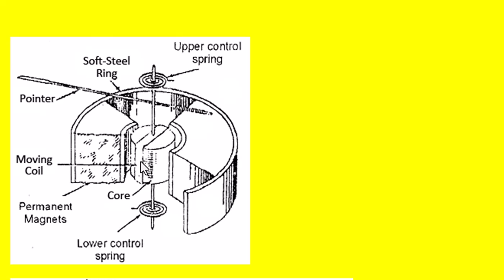Over that there is a rectangular former, and on the former a coil is wound like this, and there is a spindle going through this former and through the soft iron. This spindle carries two springs, each spring wound in opposite directions, and the spindle also carries a pointer which moves over the scale.